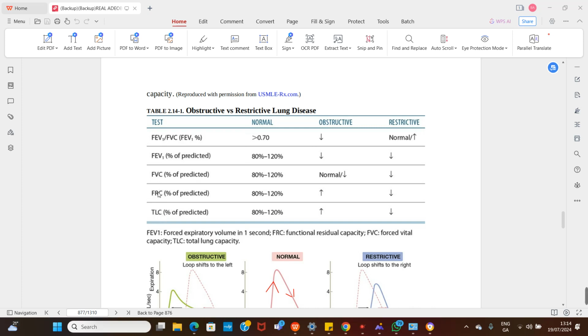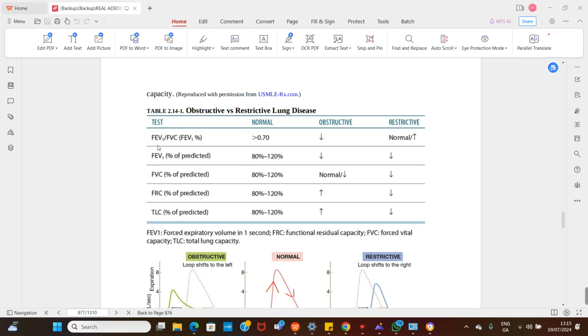You cannot measure anything that requires residual volume directly. You extrapolate. Because your functional residual capacity and your total lung capacity include residual volume in their calculation, you cannot measure them directly, so you have to extrapolate.